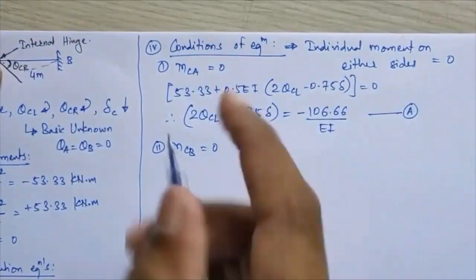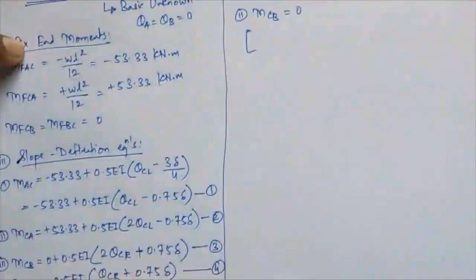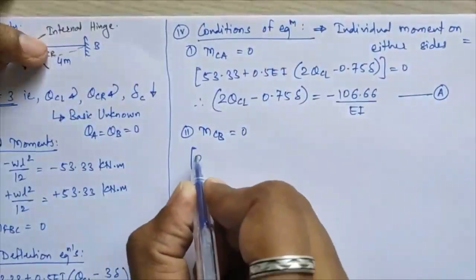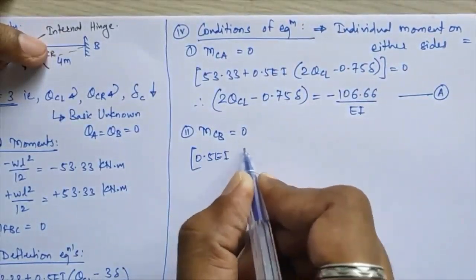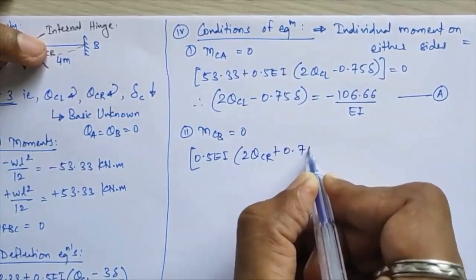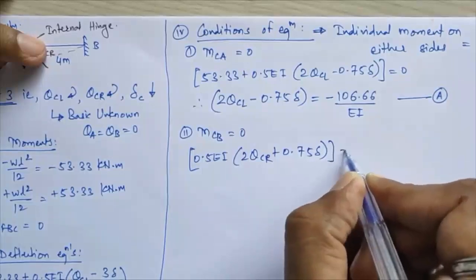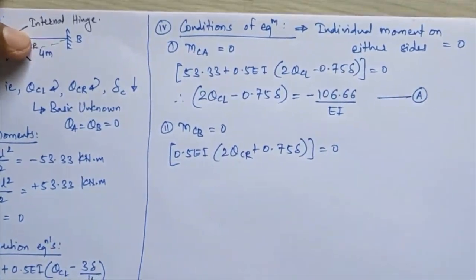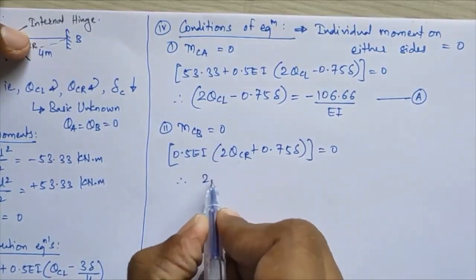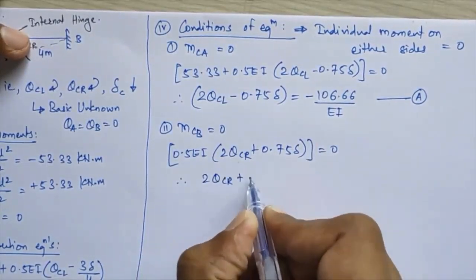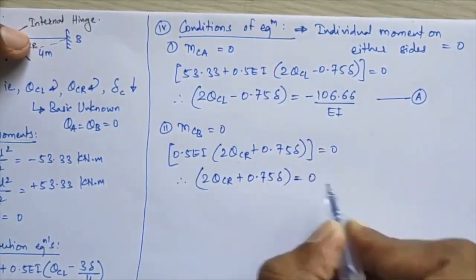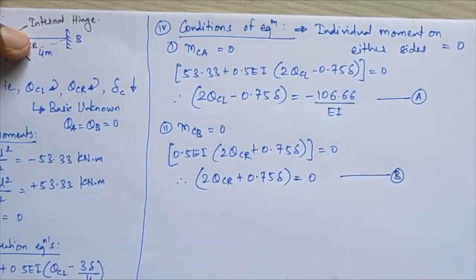So for the MCB equation, that is equation number 3 we have considered here, I'll write that here: 0.5 EI into 2 times theta CR plus 0.75 times delta is equal to 0. So if I simplify this, 0.5 EI into 0 will become 0. 2 times theta CR plus 0.75 times delta is equal to 0. This will be my equation number B.